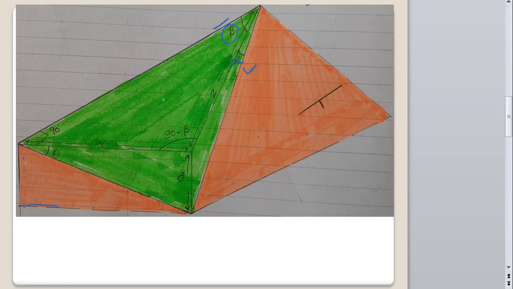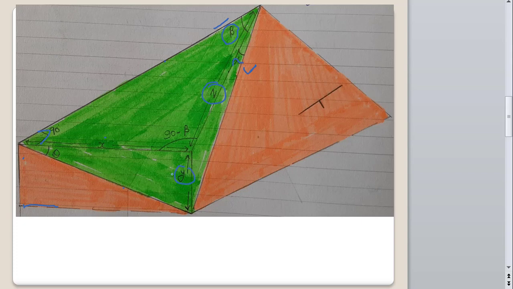Let us assume x is the perpendicular here. You can see this is the 90-degree angle, so this angle will be 90 minus beta. So x is the perpendicular, z is the hypotenuse, and y is the base.